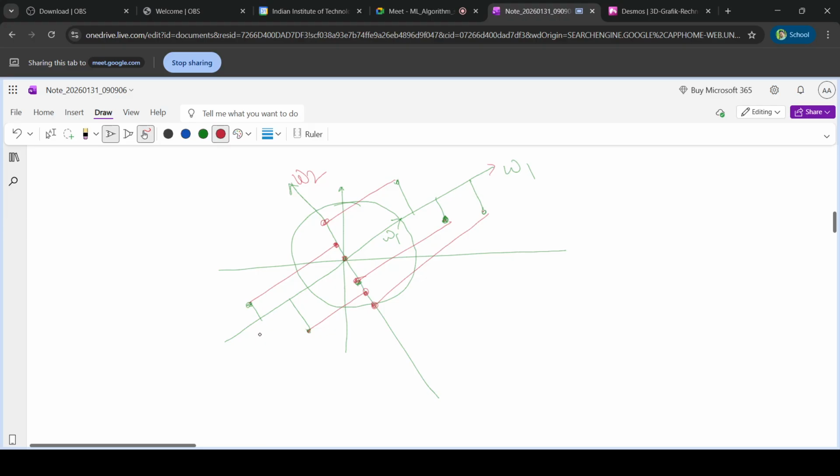And you know that, for example, this point is x2. So what is this point? It is x2 minus c into W1, because this point is here on W1. I'm sorry, I'm just replacing the c with x transpose W.